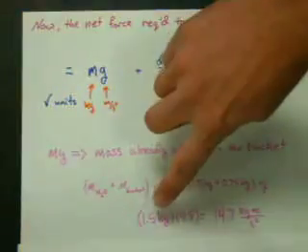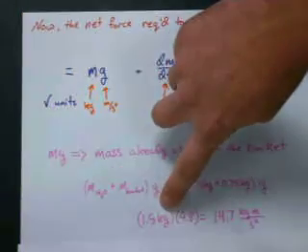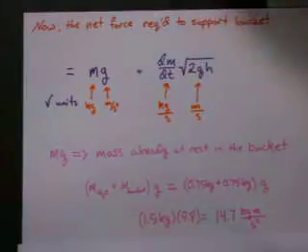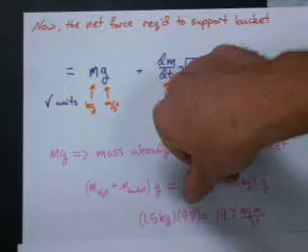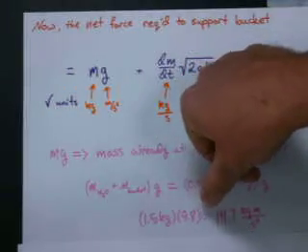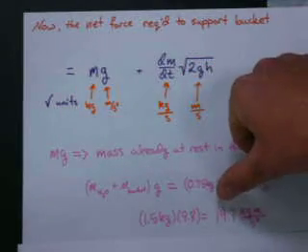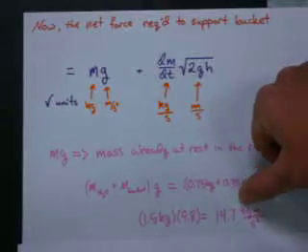So that equals out to being 1.5 kilograms for the mass of the water and the bucket added together, times the acceleration due to gravity, which is 9.8 meters per second squared, which equals out to being 14.7 kilograms meters per second squared.